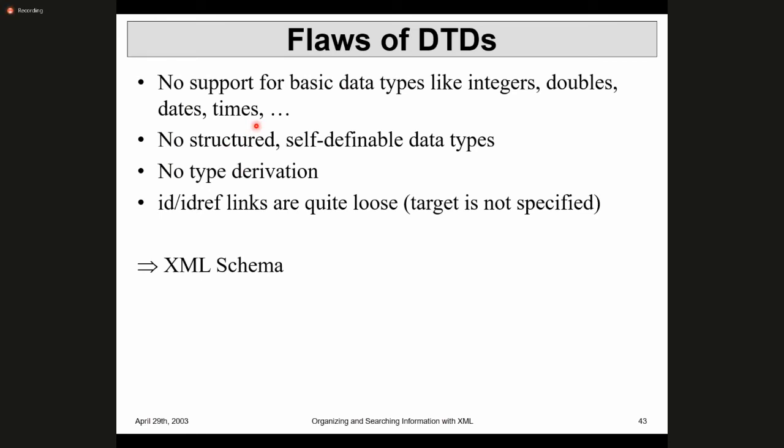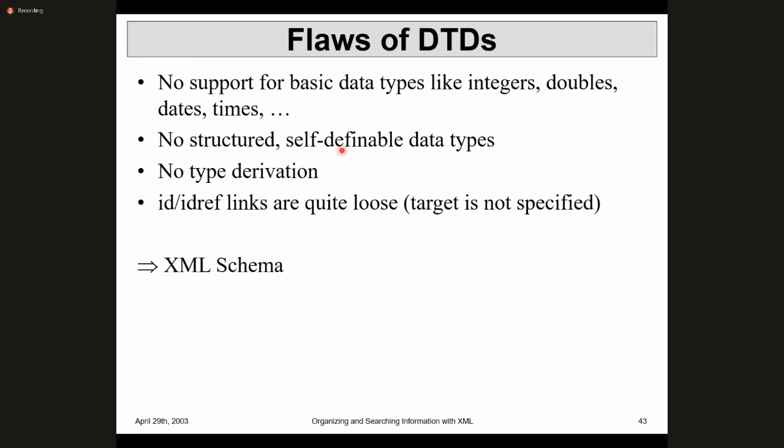We can define only whether it is parsed character data. So that can either be floating point numbers, integers, strings, anything. We can't define what exactly we are looking for, right? We can't define even the basic data types like integers, doubles, dates, times, those things, right? So that is a definite disadvantage, right?